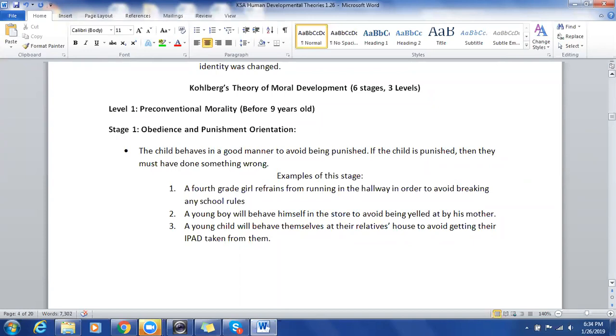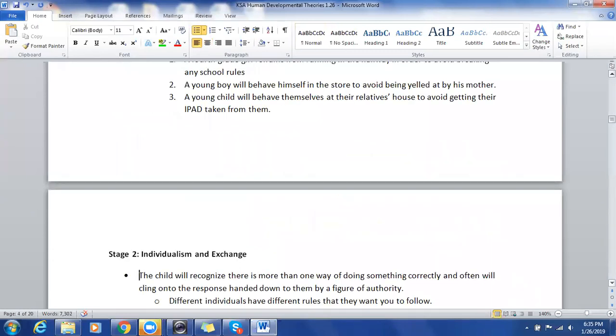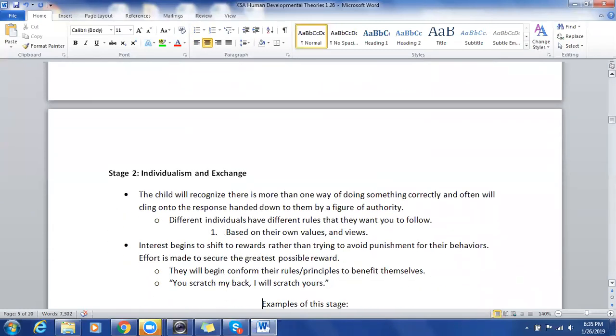Third, a young child will behave themselves at their relative's house to avoid getting their iPad taken from them. They do not want punishment, so regardless of what their impulse is telling them, they keep it at bay, and they just want to be loved.